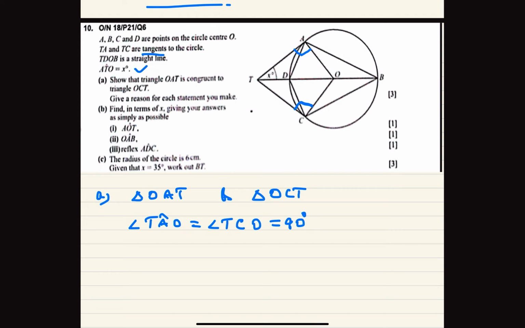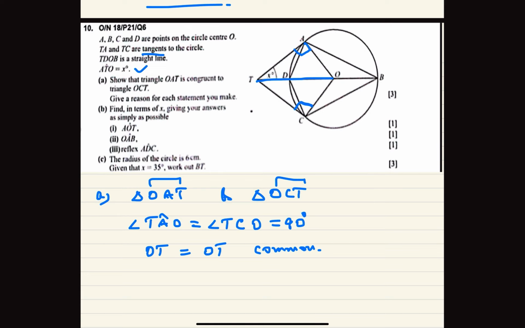And OT is in the triangle OAT and OT is in the triangle OCT, and OT and OT are common.